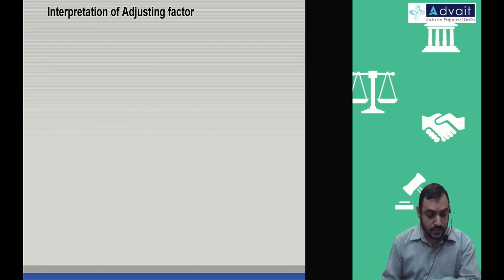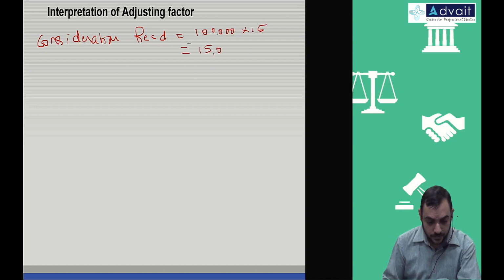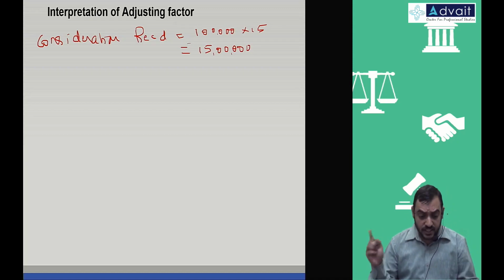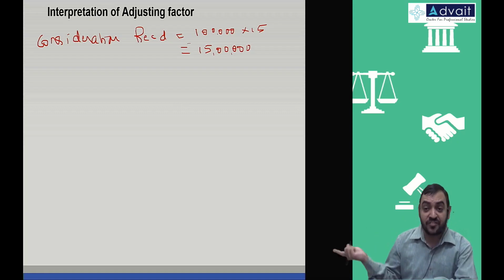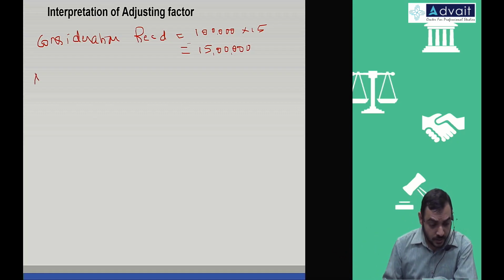Okay, what is the consideration received by issuing right shares? 1 lakh shares multiplied by 15 rupees, 15 lakhs. If these 15 lakhs were shares issued at a fair value after the ex-right price, what would have been the number of shares?